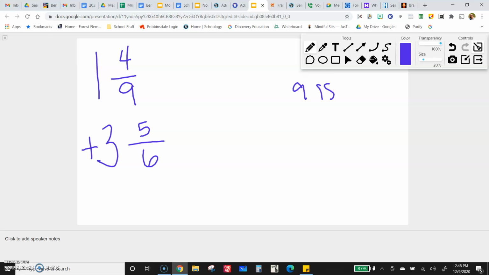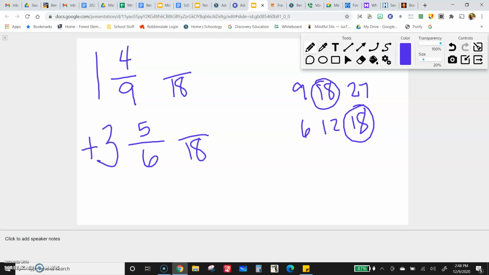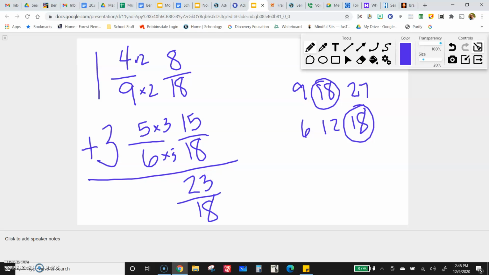Well, if I list out my multiples, 6, 12, 18 shows up in both. So 18 is my common denominator. This one is times 2 and times 2, so I get 8. This one is times 3, times 3, I get 15. Add my fractions. 8 plus 15 is 23. My denominator stays the same.